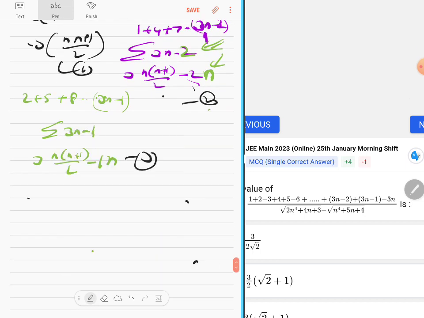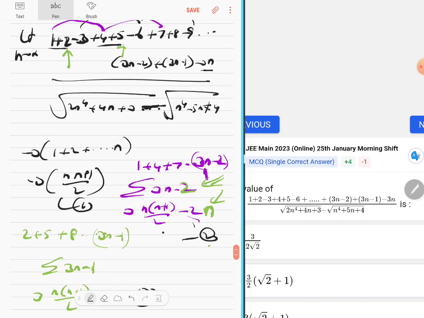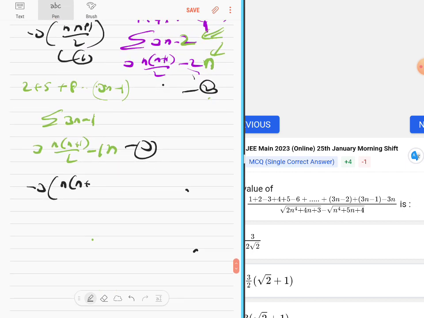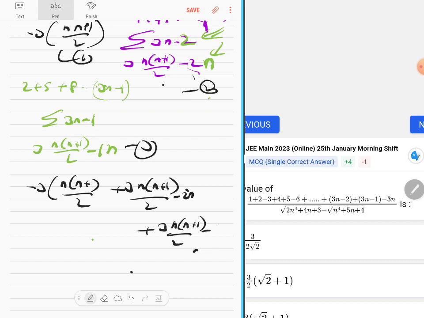So you have minus 3 into n into n plus 1 by 2, we've taken minus 3 out, plus 3 into n into n plus 1 by 2 minus 2n, plus 3 into n into n plus 1 by 2 minus n. These two will get added and become minus 3n.